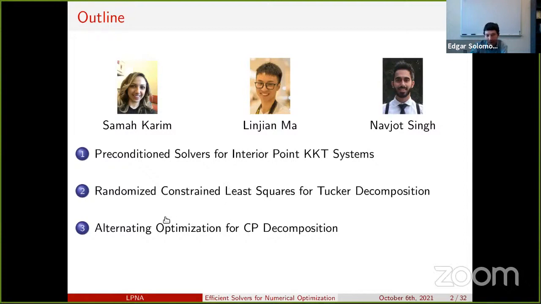And finally, the last part is a new method for CP decomposition, which has some really interesting features. In particular, it achieves high order convergence to exact solutions while having really no additional cost over ALS. These are all really new results, so I'm excited to talk about some of these things for the first time today.